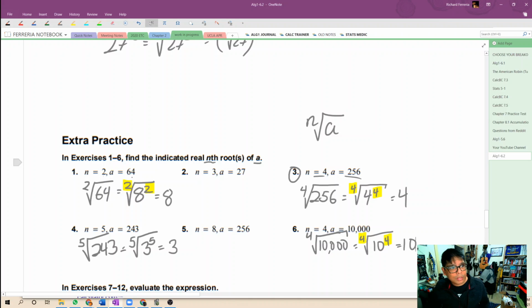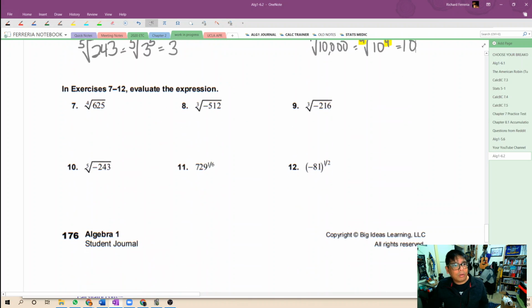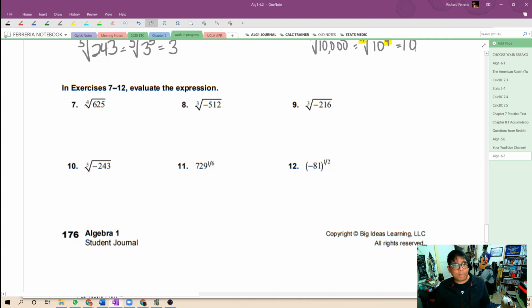All right, let's do some more extra practice here. Let's try, for example, number 3. Now this is a negative number here, negative 216. So I need to figure out the cube root of some number to the third power. I got to figure out what that is. So we're going to take the third power of a bunch of negative things and see what we get.